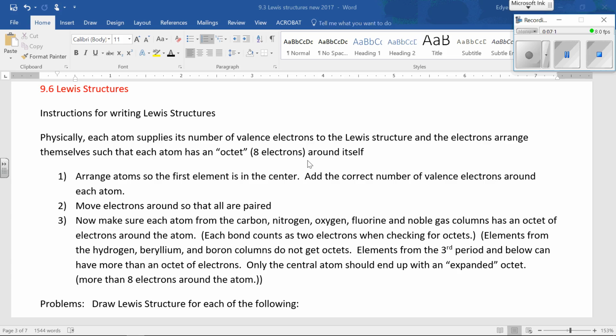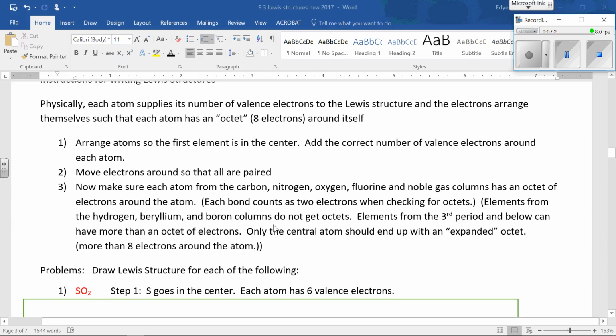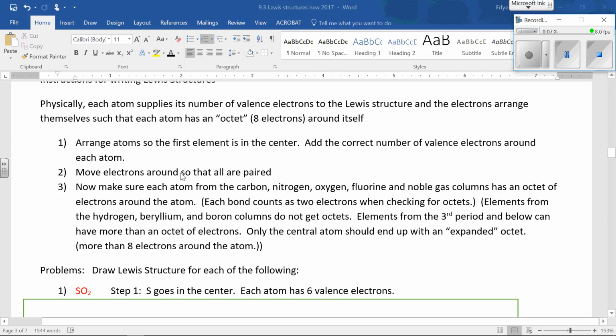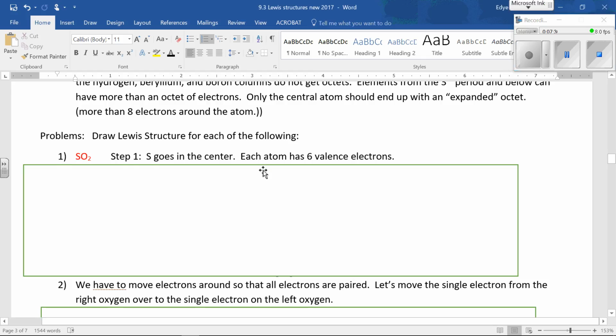All right, Lewis structures, how we form these molecules. There's a bunch of stuff written here. You're gonna take that and we will go with it. I'm not gonna read it all out again. So SO2, step 1 says arrange the atoms so the first element is in the center, add the correct number of valence electrons around each atom.